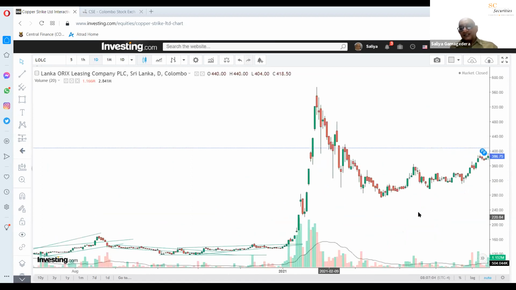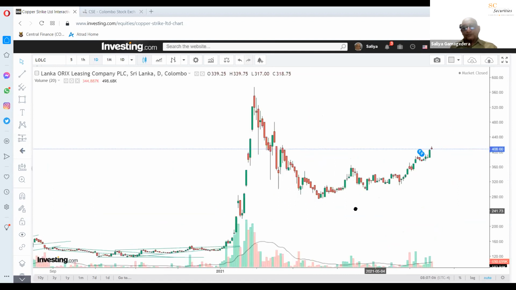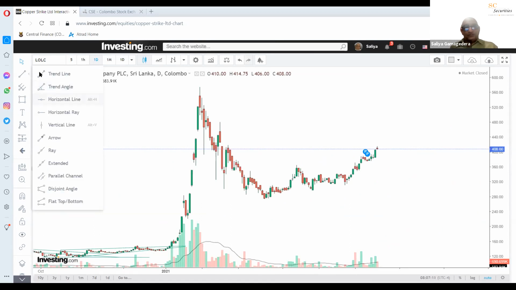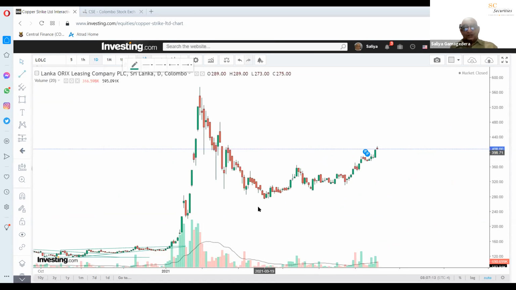Coming to the current situation, right now, you can make use of the lines to join the significant lows. Now here, this is a significant low. This is another significant low. You can connect it. Right, so this is acting as a support line.